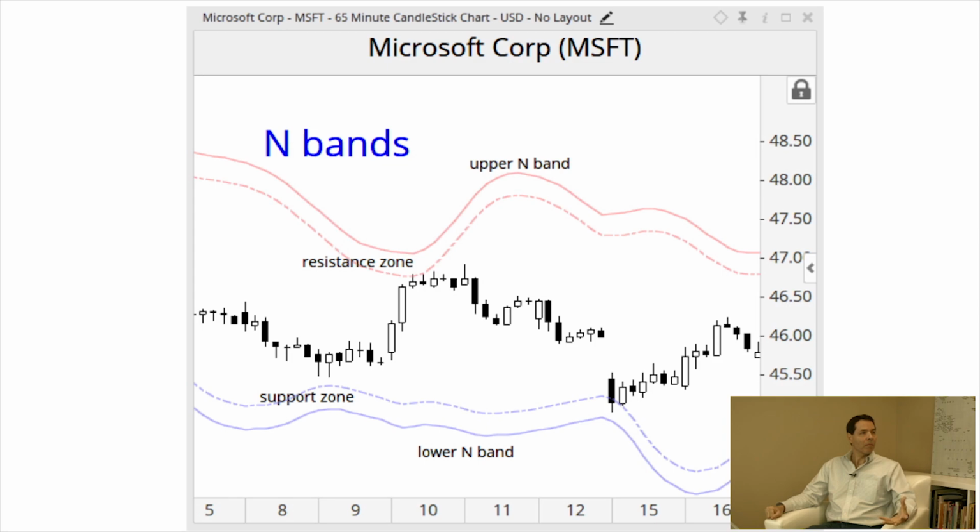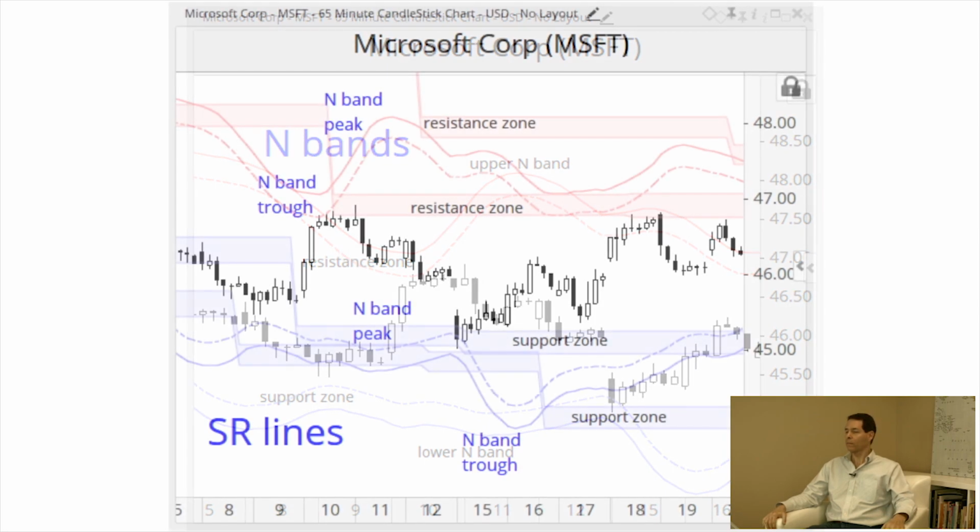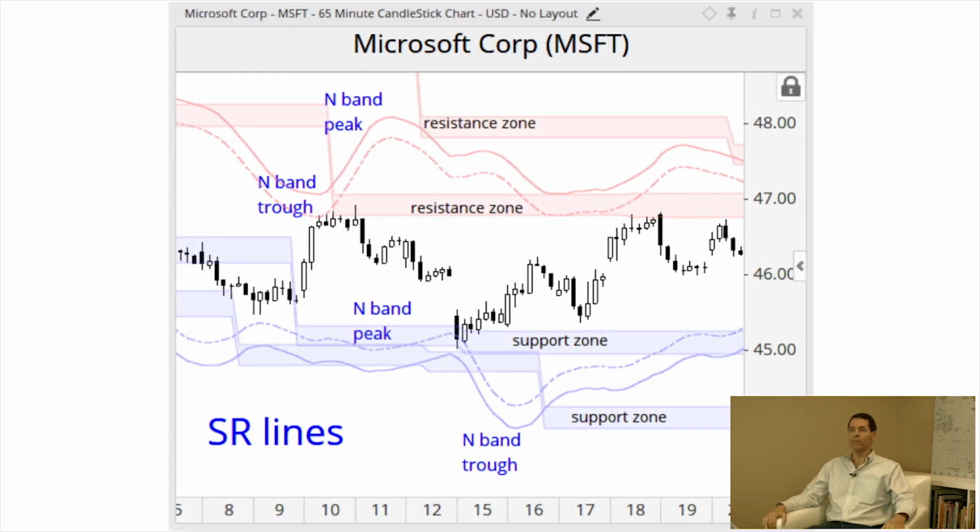So I think we've got an updated chart of that, and this is what you're talking about. This is what I'm talking about. After a little bit of time, I worked out how to project forward some lines directly from the peaks. If we take this chart and the peak formed in the upper N band on the 11th, we took that solid line.